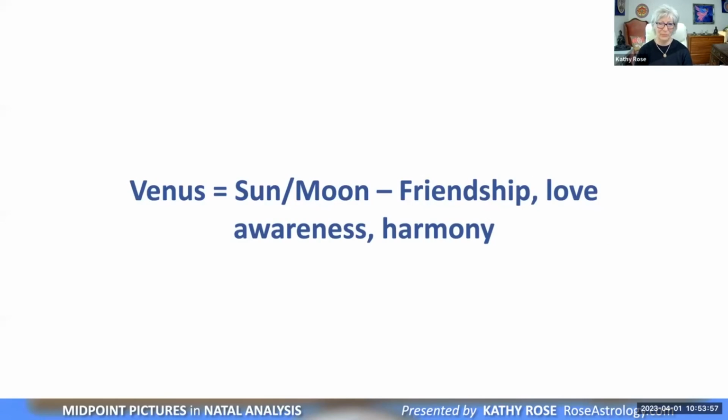Venus equals sun moon. Just feel that. If Venus is at the halfway point of the sun moon midpoint, then Venus needs become very, very important. Social needs, relationship needs, connecting with other people, harmony, love, beauty, all of that becomes very, very, very important. My daughter has Venus equals sun moon, and it has been a delight to watch her grow up.